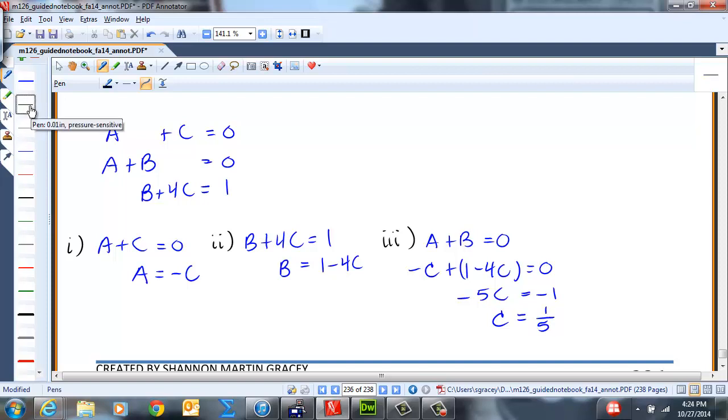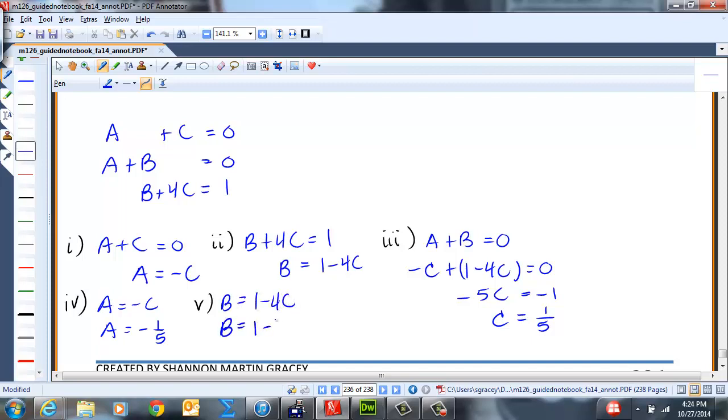Now going back, a is negative c, so a will be negative 1/5. And over here we had b was 1 minus 4c, so b will be 1 minus 4 times 1/5. So b will be 1 minus 4/5, which is also 1/5.